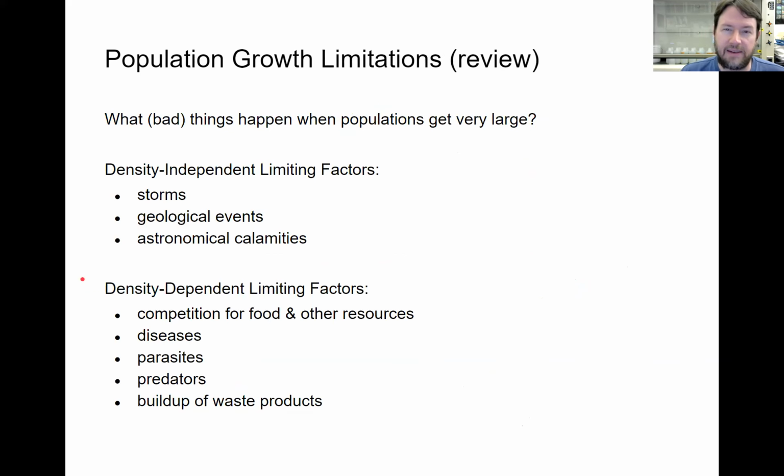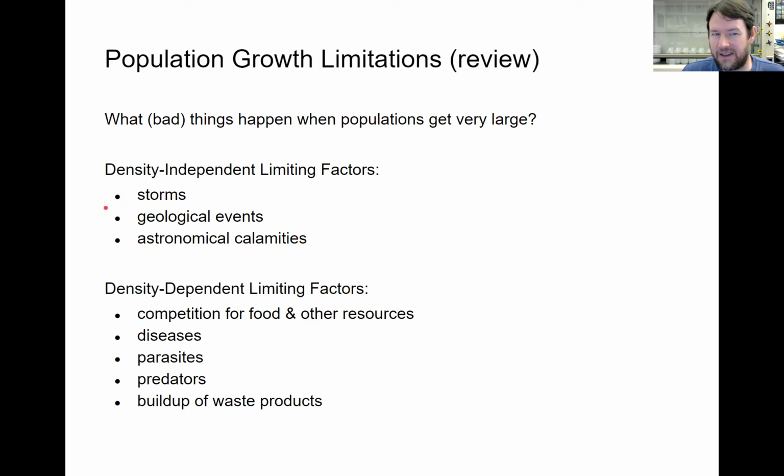All right, and then we talked about the density independent limiting factors, things like storms or geological events or astronomical calamities, the things that don't become more likely the larger the population is.